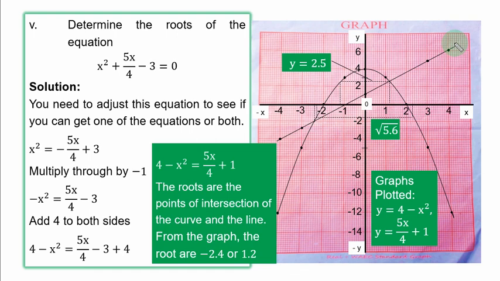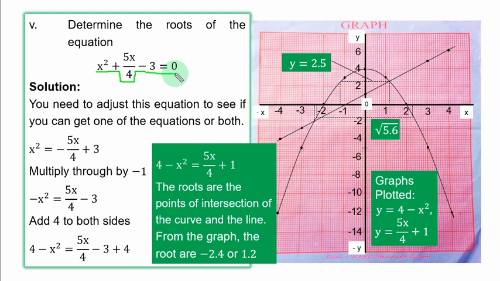Roman figure 5. Determine the roots of the equation s squared plus 5s over 4 minus 3 equal to 0. You need to adjust or simplify this equation to see if you can get one or both equations that you have plotted.